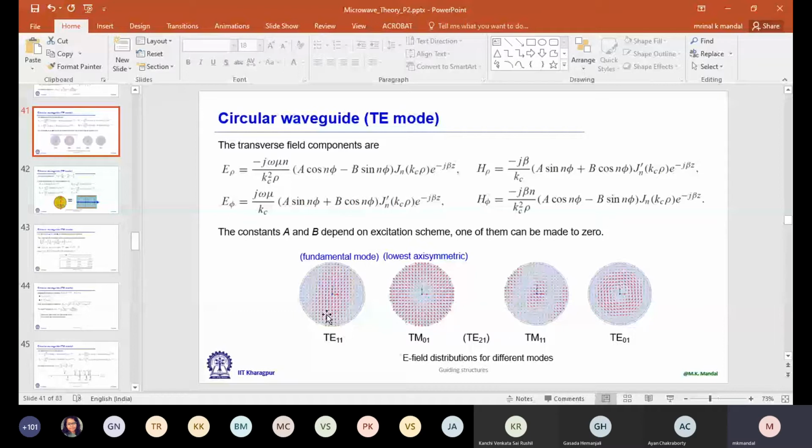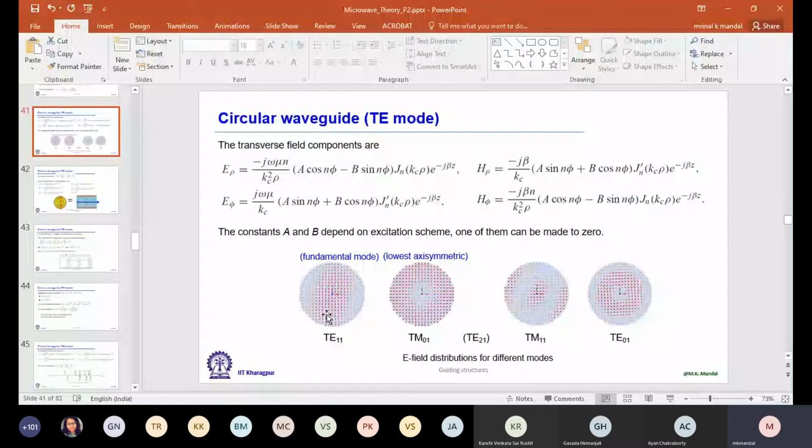Now, if I compare losses, I did not represent here the closed-form expressions for alpha C, but from this field diagram, as we did last time, here also we can do the same thing. You recall that for TE10 mode in a rectangular waveguide, the tangential magnetic field components on the top wall and bottom wall were the highest. And if you look at the electric field distributions, they are perpendicular to the broad walls, and it is highest at the center.